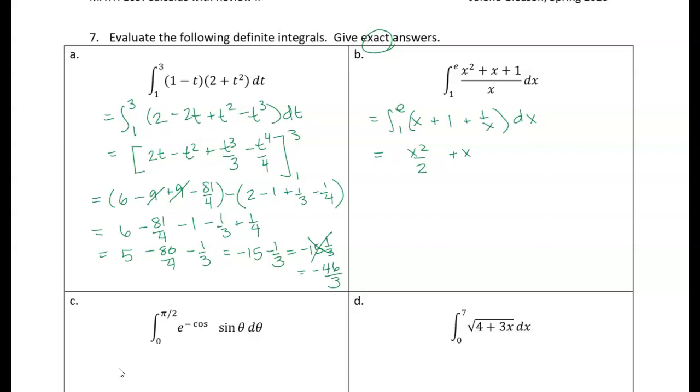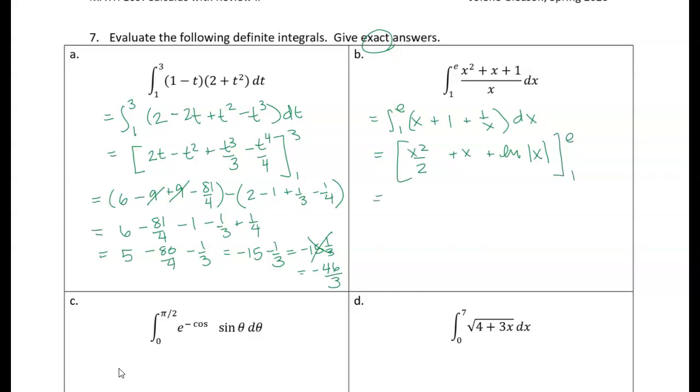So then you realize, oh, that's right, it's natural log. So the integral of 1 over x is the natural log of the absolute value of x. And I'm going to evaluate that from 1 to e.